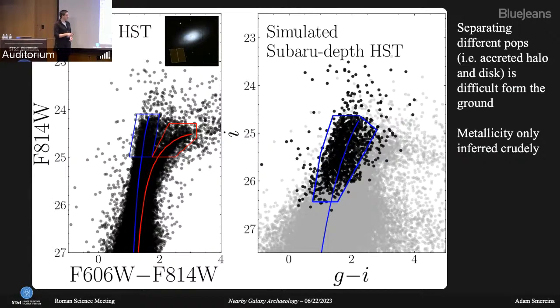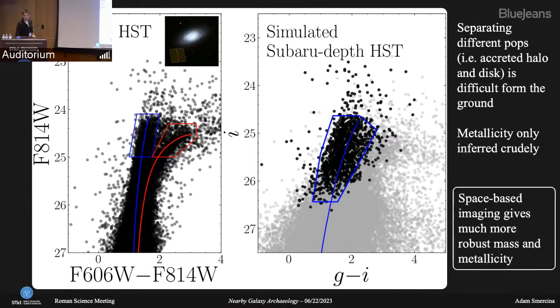We do detect a fairly nice looking blue red giant branch, but it's very hard to do detailed measurements with this. You can only infer, for example, a very crude metallicity. I want to point out that this is actually about the depth that we're going to get with LSST. So this is basically the very best that you can do from the ground. You might be able to push a little bit deeper than this, but not without a lot of pain.